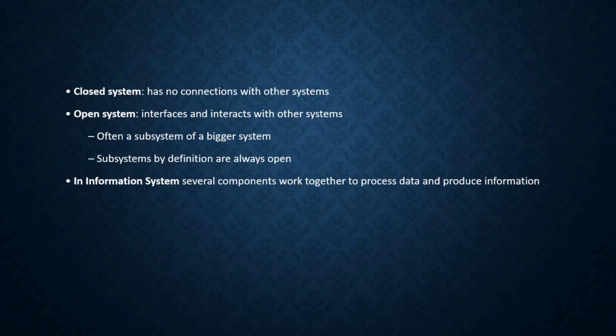So an information system, if you consider it as a system, is also a system. Everything is a system, so you can consider almost all things as a system. Here, an information system is also a system in which several components or elements work together to process data and produce the relevant information.